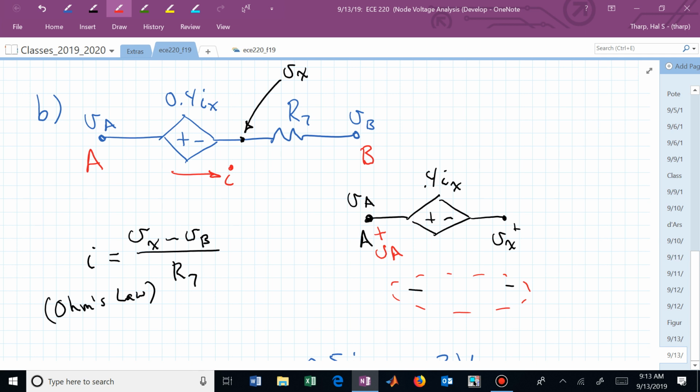Now can we write a KVL equation with this information? Now we can actually think about going a KVL there through that dependent source down through V sub x and back to that location. Pardon? What are the black dashes representing? The black dashes are supposed to be representing the common reference node that V sub a and V sub x are with respect to.